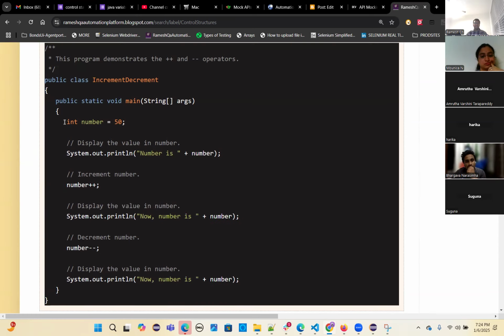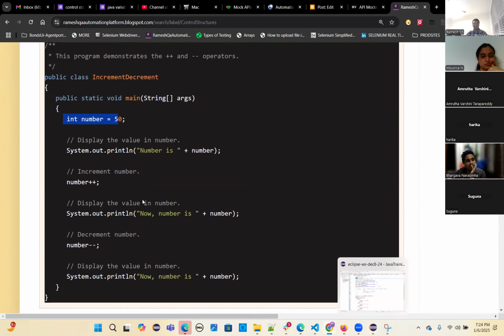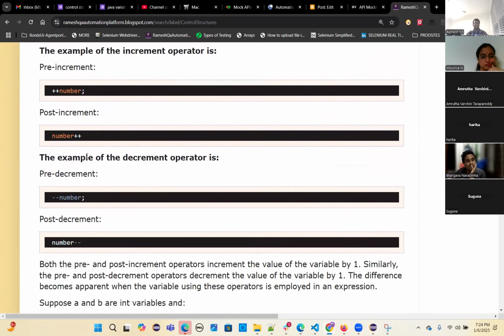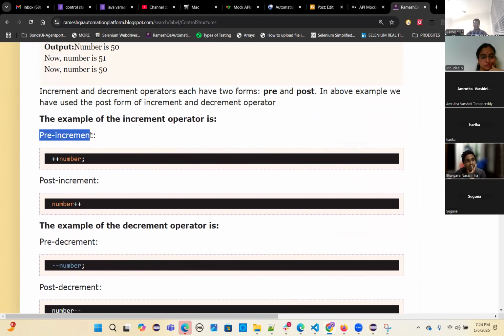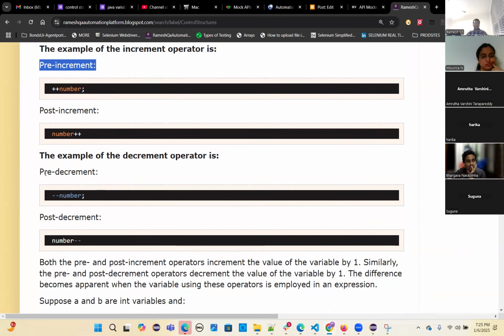So let's go directly to the program. There are pre-increment and post-increment. Plus plus number is the pre-increment, and number plus plus is the post-increment. Similarly pre-decrement and post-decrement.